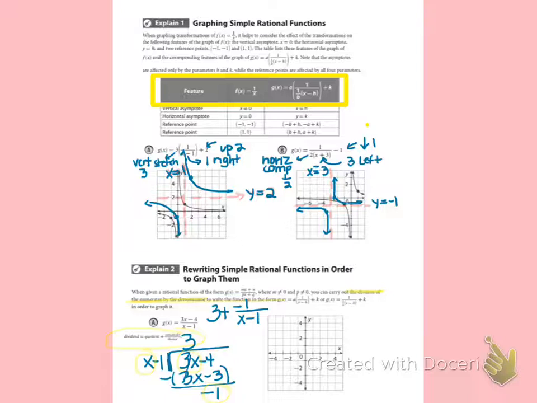Maybe we would want to flip it around and say it's actually negative 1 over x minus 1 plus 3. But now we can see that this is a slide 3 units up. It's a slide 1 unit to the right. There's no stretch or compression, but the negative 1 there indicates that that would be a reflection over the x-axis.